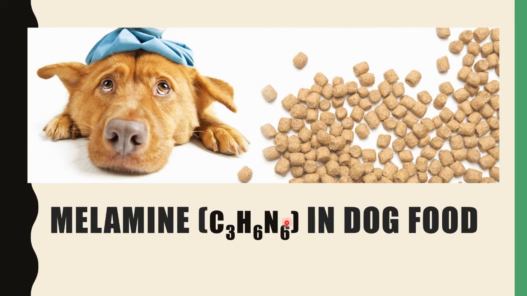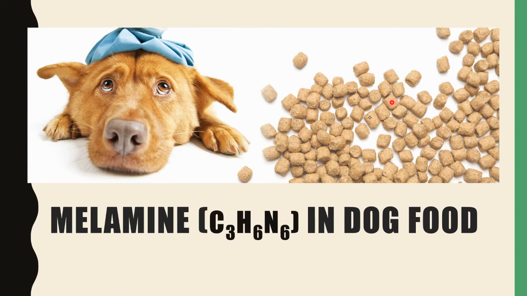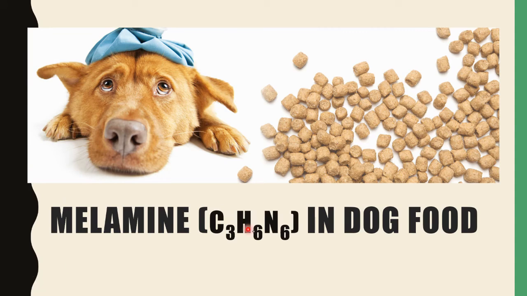And then when you did this test, you'd have 16% nitrogen, even though none of it was an amino acid. So this 16% nitrogen test assumed that no one would want to put anything but an amino acid in there. And this company decided, well, we're not going to put any amino acids in there. Let's see what happens. And then a lot of dogs got sick.